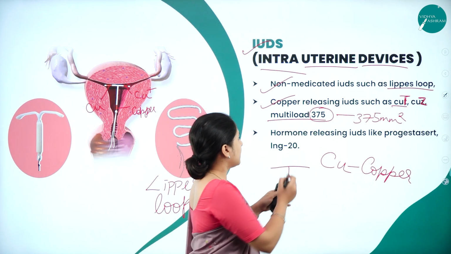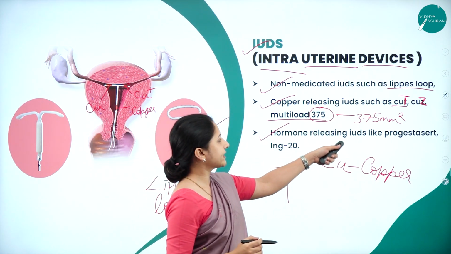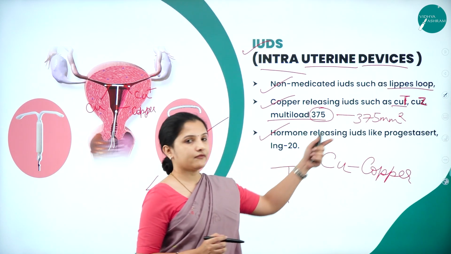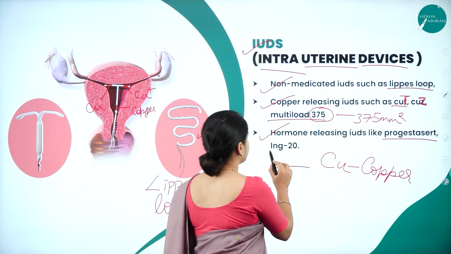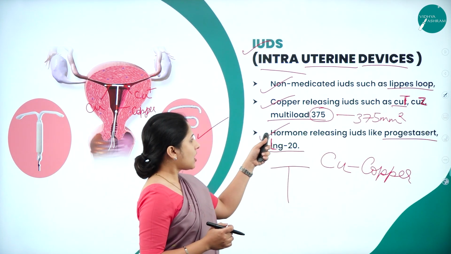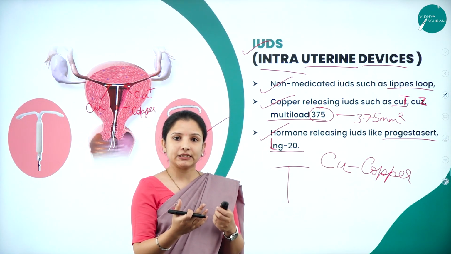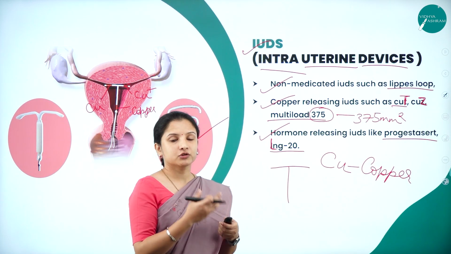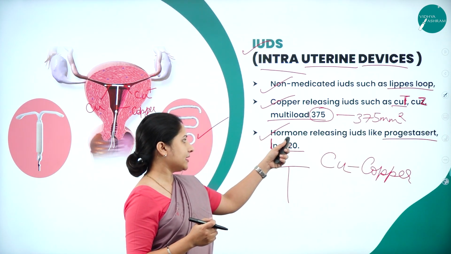And you have one more type of intrauterine device, called hormone releasing intrauterine devices, such as Progestasert and LNG-20. Hormone releasing means they have the capability to release hormones, be it progesterone or be it LNG-20.